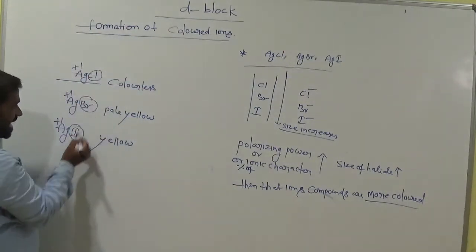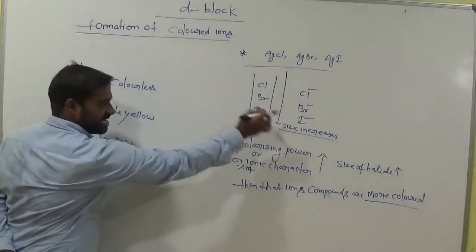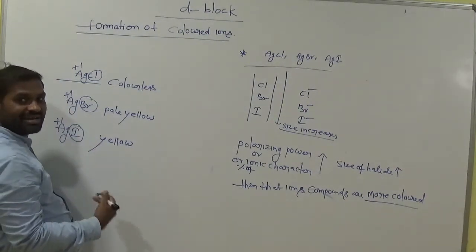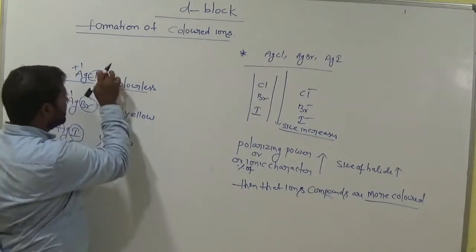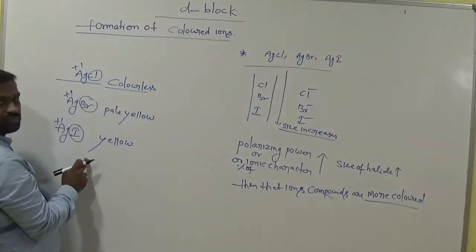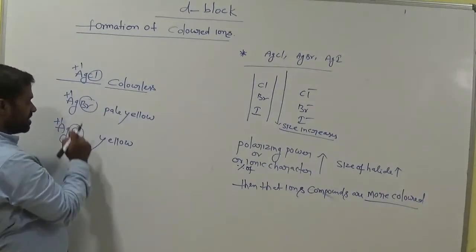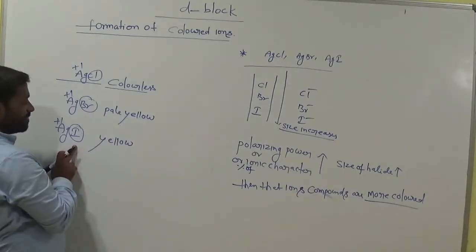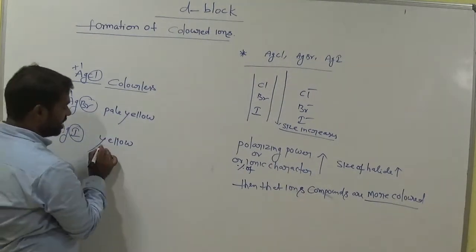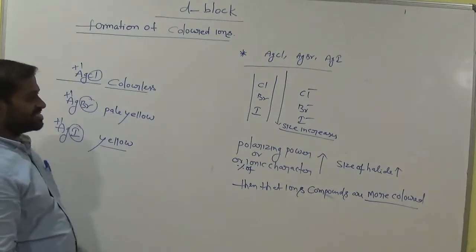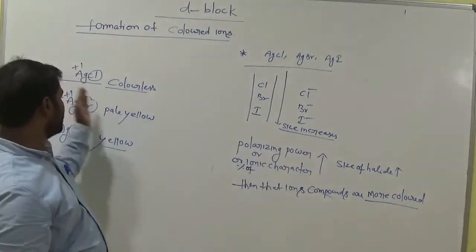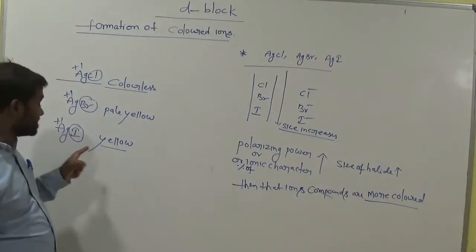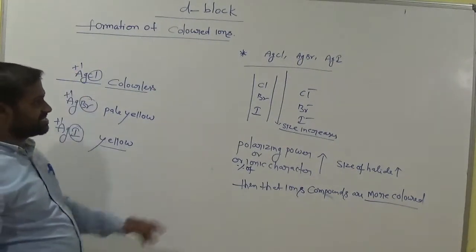While size increases, what happened? Its color nature also increases, thick color. AgCl is colorless because it is a smaller ion compared with these two. Bromine is somewhat smaller than iodine, so it is pale yellow. Iodine is completely bigger in size, so it gives a thick yellow color. That means as size increases in silver compounds, the color increases, as the halide ion size increases.